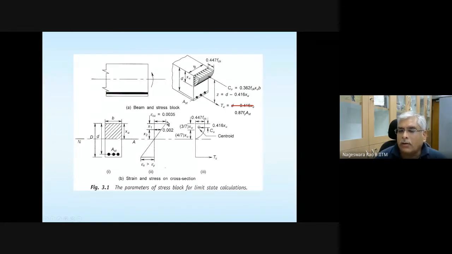Okay. So now with that understanding, you take this value as 0.87 Fy divided by Es plus 0.002. And from the properties of similar triangles, this strain value, what is this distance? Xu.